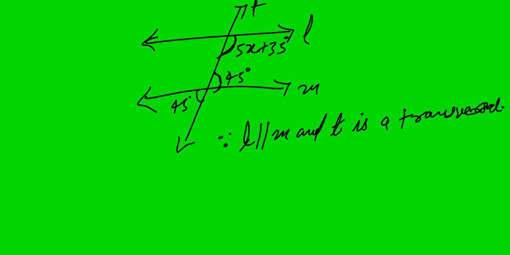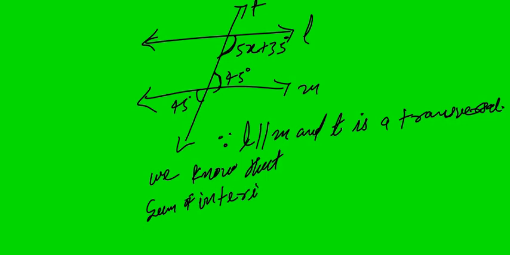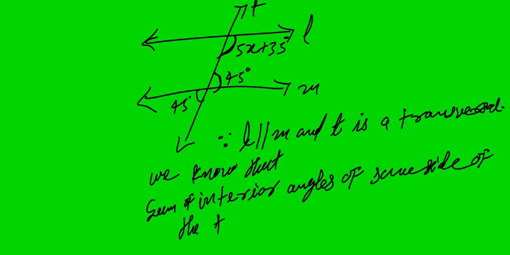So here we will write, we know that the sum of interior angles on the same side of the transversal is supplementary, or we can write 180 degrees. So now we can write 5x plus 35 plus 45 is equal to 180 degrees.